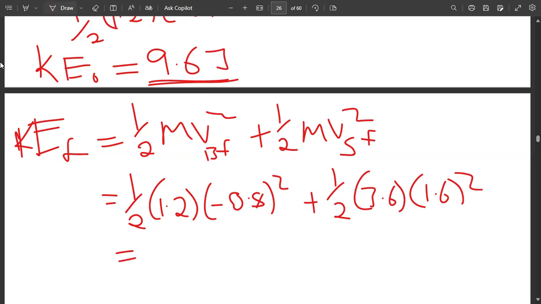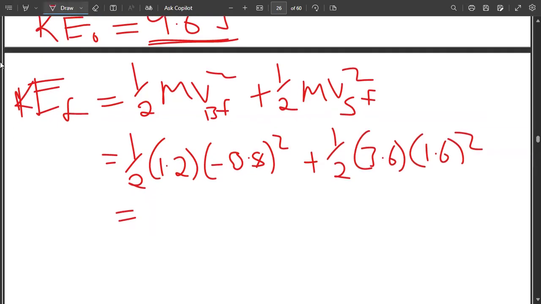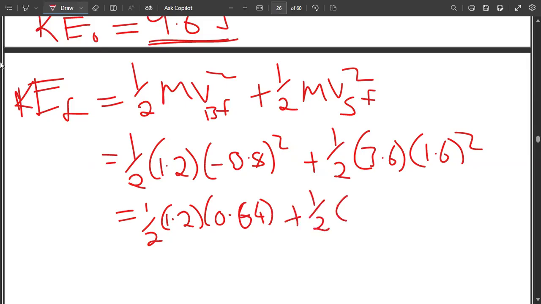So from here we're going to deduce. We have half 1.2, 0.8 squared is going to give us 0.64, plus half 3.6 multiplied by 1.6 squared, which is going to give us 2.56, like that.